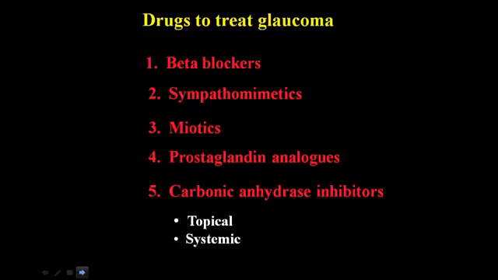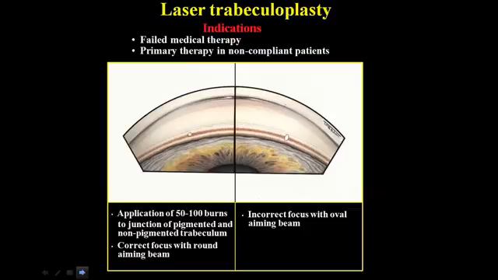Now laser treatment: laser trabeculoplasty is used in case of failed medical therapy, or it may be used as a primary therapy in a non-compliant patient. Laser therapy may be used alone, or it may be used as an adjunct to the medical therapy.